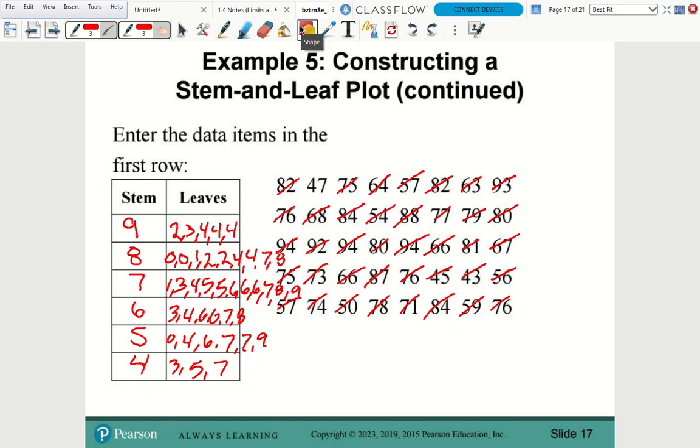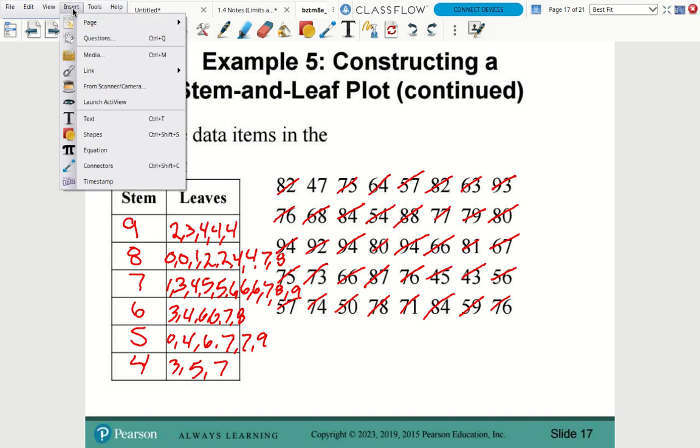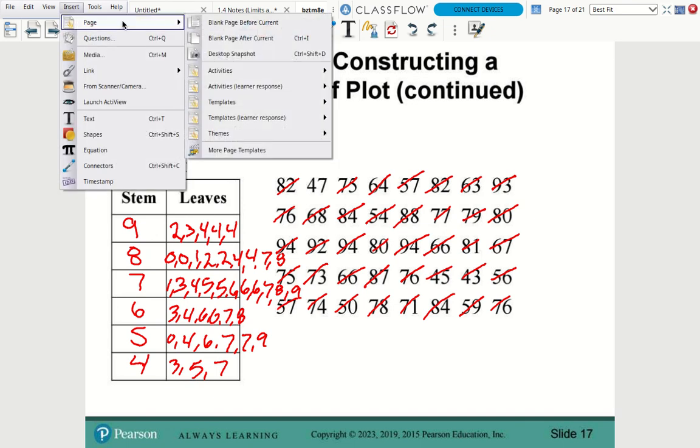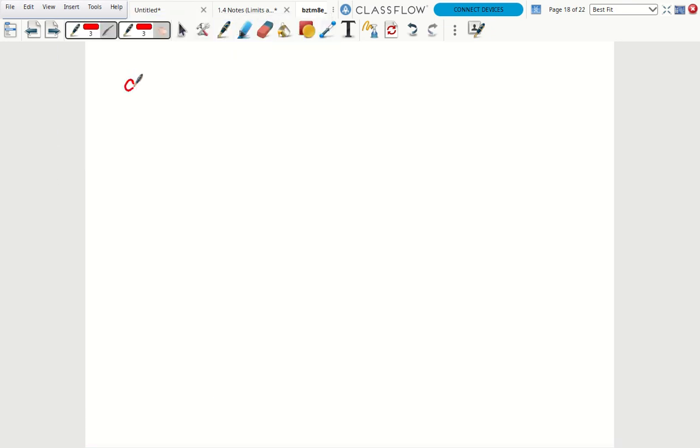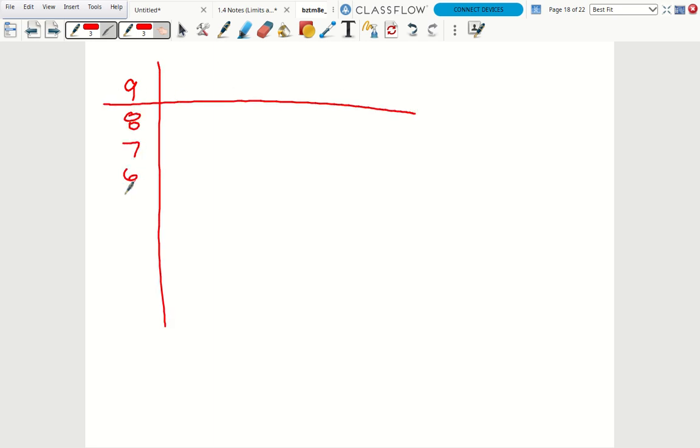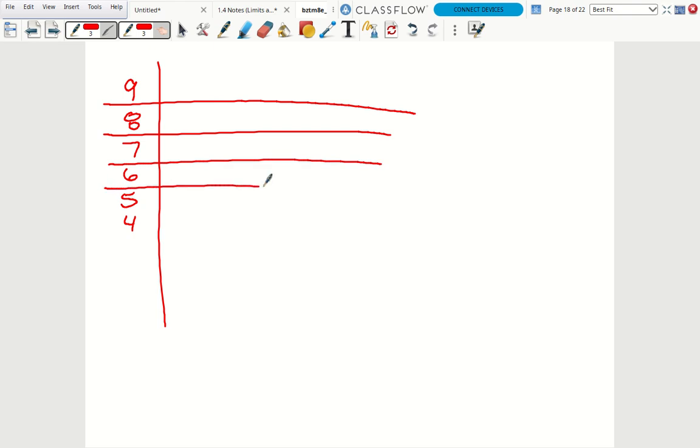I will rewrite this on an insert page so you can see. 8, 7, 6, 5, 4. There's no 3. So I'm going to clean this one up.